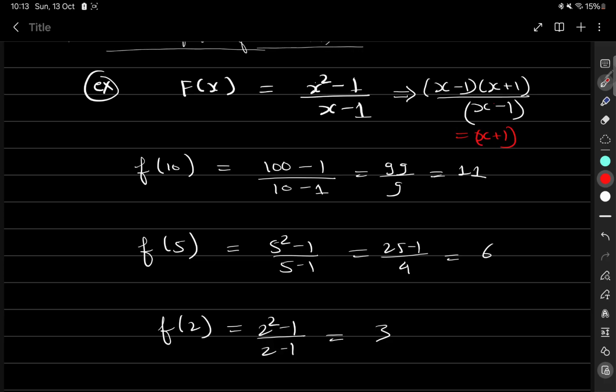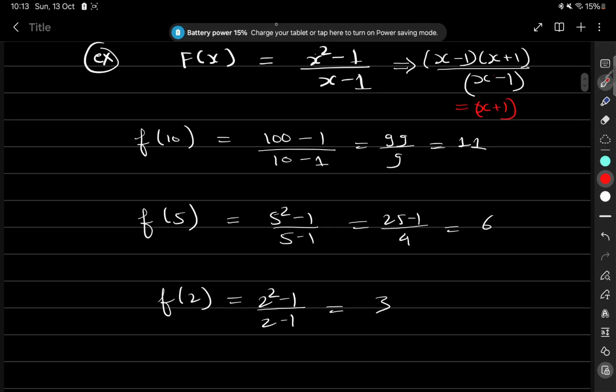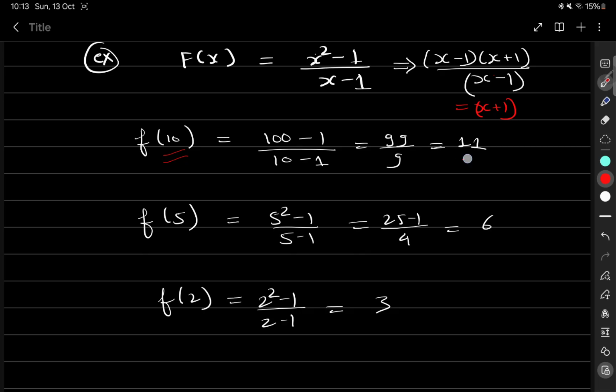So you are also getting at 10 the value 11, at 5 you are getting 6, at 2 you are getting 3. It means, sir, you are getting the same values as I am. If I put 10 here, I will get 11. If I put 2 here, I will get 3. If I put 5 here, I will get 6. So sir, this is also right. So I say, okay, no problem.